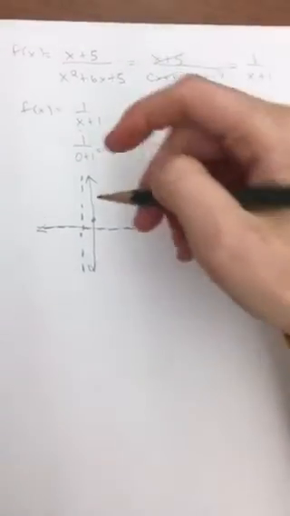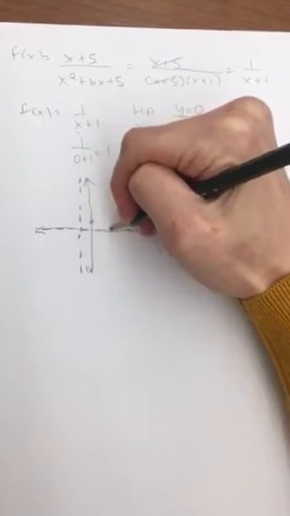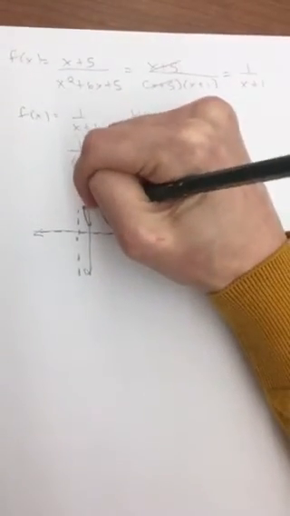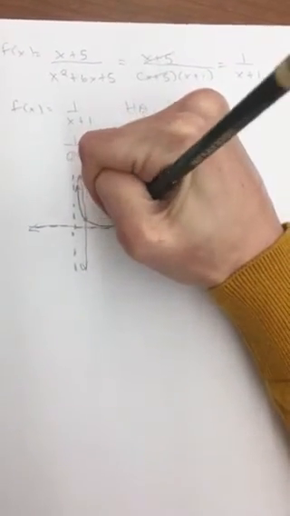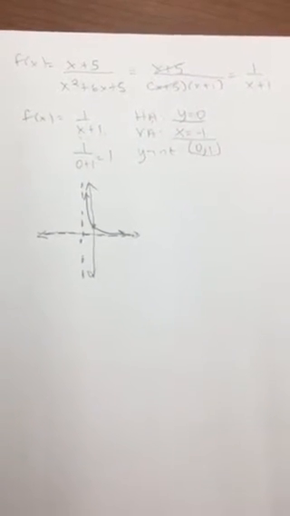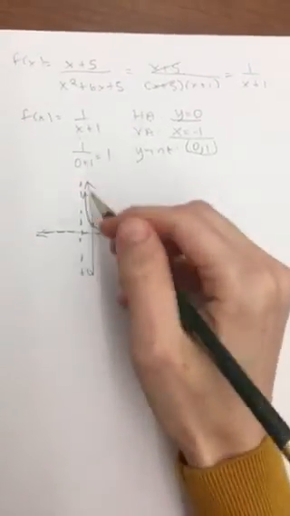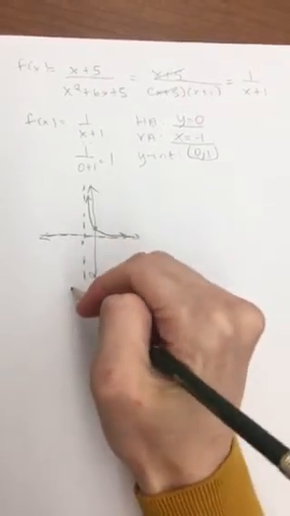Okay, so that means my graph is going to trend towards this line, and it's going to trend towards this line. So I have a curve that looks like this. And what we noticed when we studied rational functions is that oftentimes these functions trend diagonally. So if there's a curve here, there tends to be a curve here.